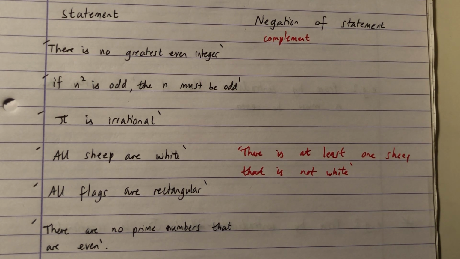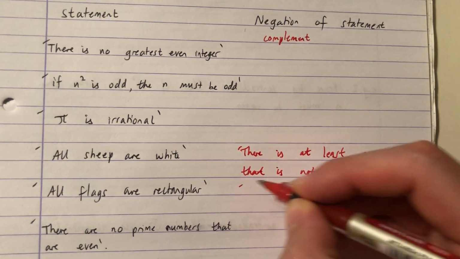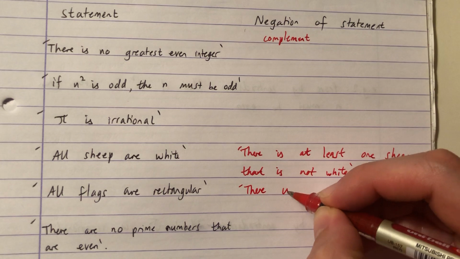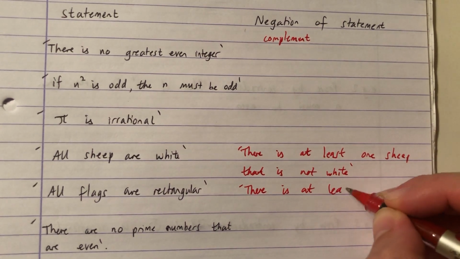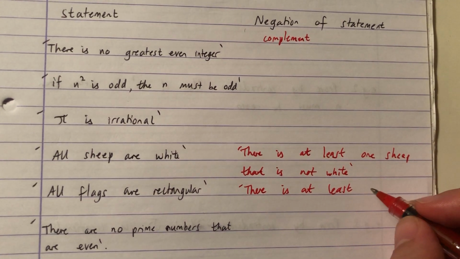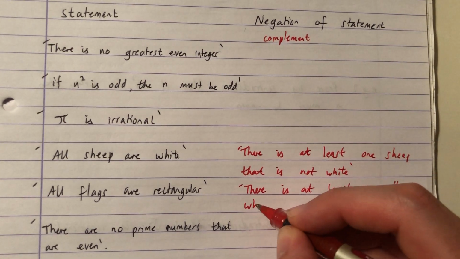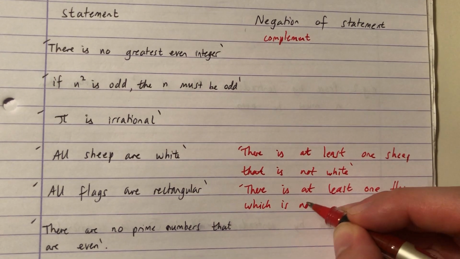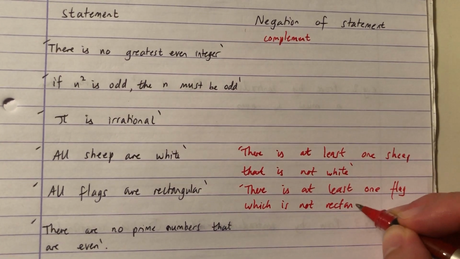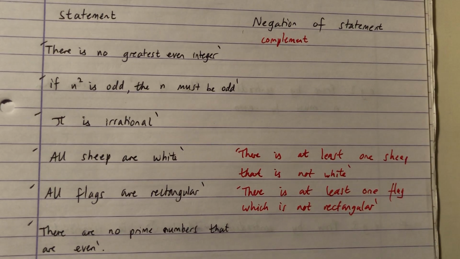Let's go for the other statement, which is non-mathematical, which is all flags, so flags of different countries, are rectangular. So the negation of that would be quite similar again. There is at least one flag which is not rectangular, which I think is actually true.